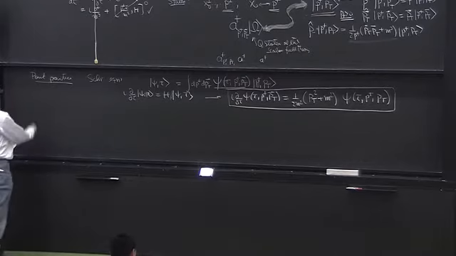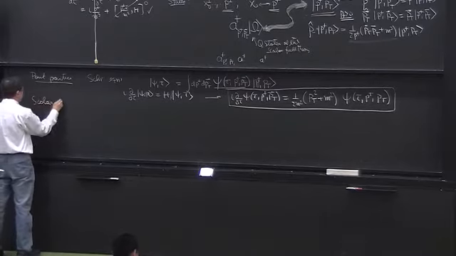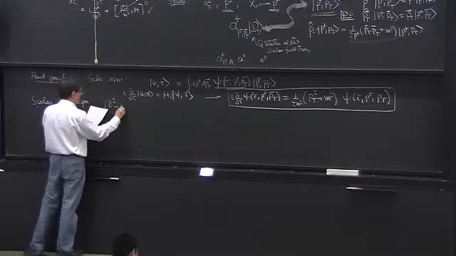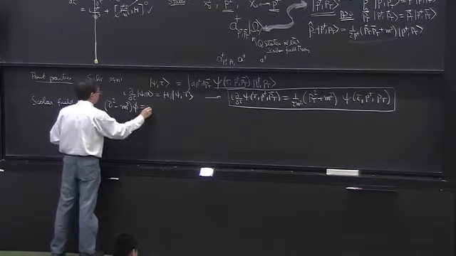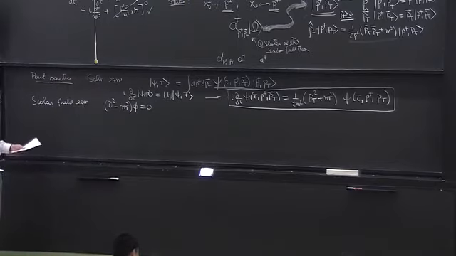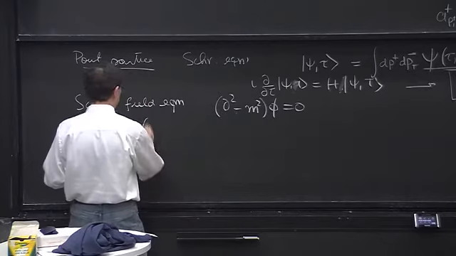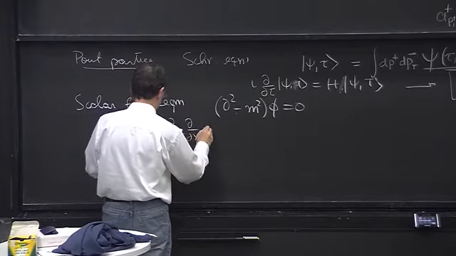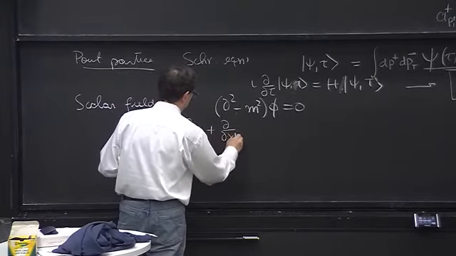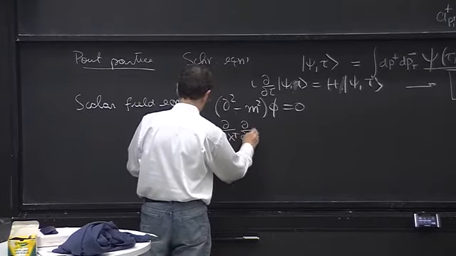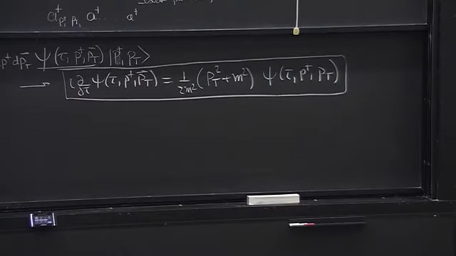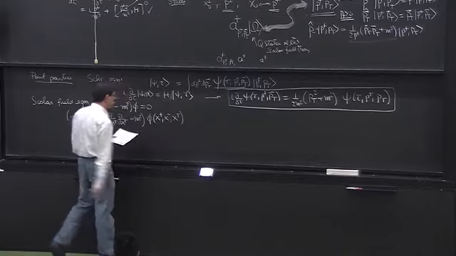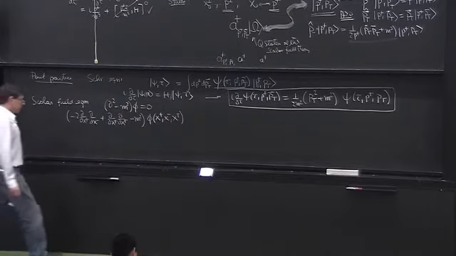Now let me remind you of the scalar field equation. That was the d'Alembertian squared minus m squared, phi equals 0. Well, let's look at it in the light cone. This is minus 2 ∂ x plus ∂ x minus plus ∂ x transverse squared, minus m squared, times a phi that depends on x plus, x minus, and x transverse, equals 0.